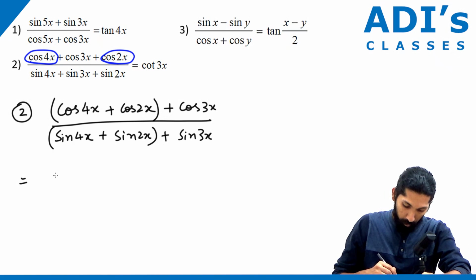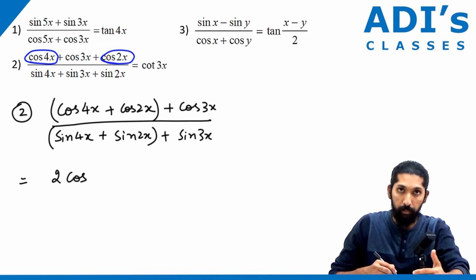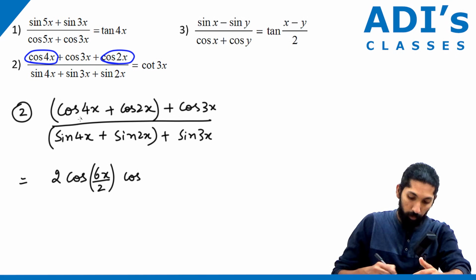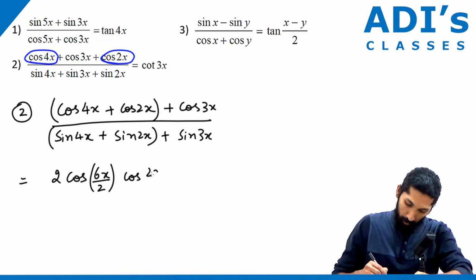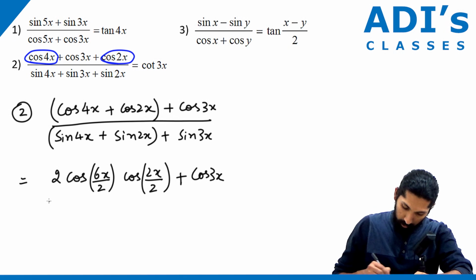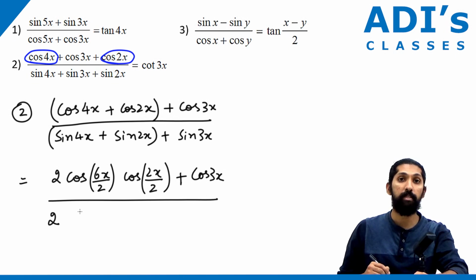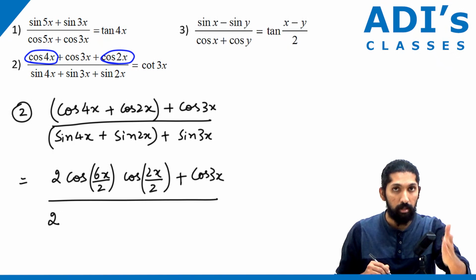So here it's going to become 2 cos 4x plus 2x, 6x by 2, into cos 4x minus 2x, which is just 2x, 2x by 2, plus cos 3x. Divided by 2 sin c plus sin d, which is 2 sin c plus d by 2 cos c minus d by 2.